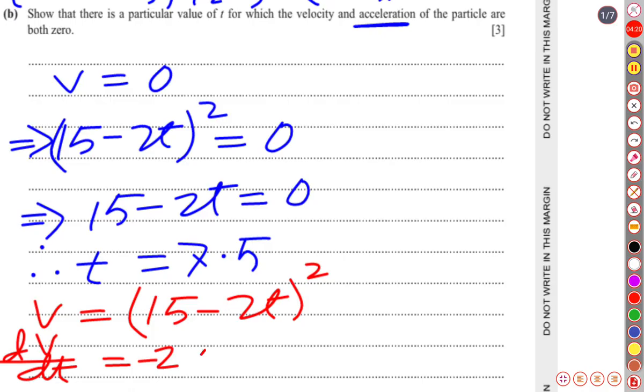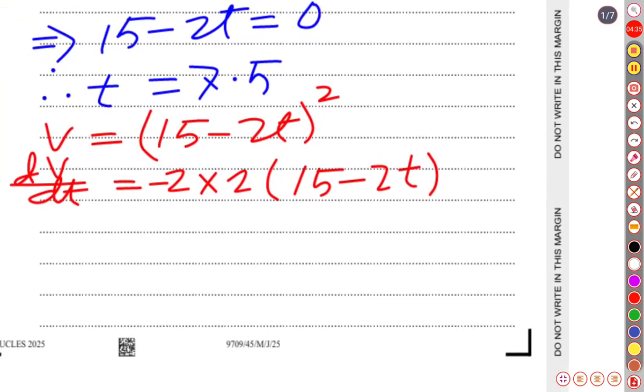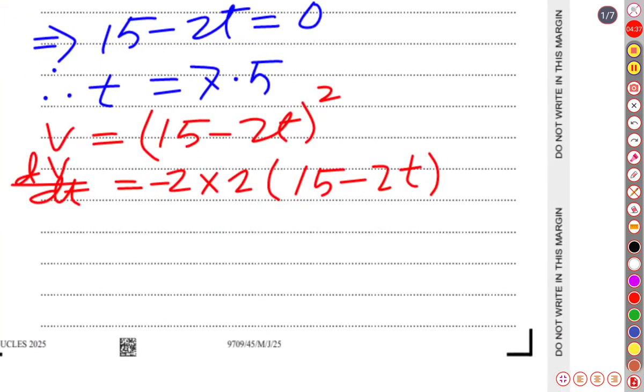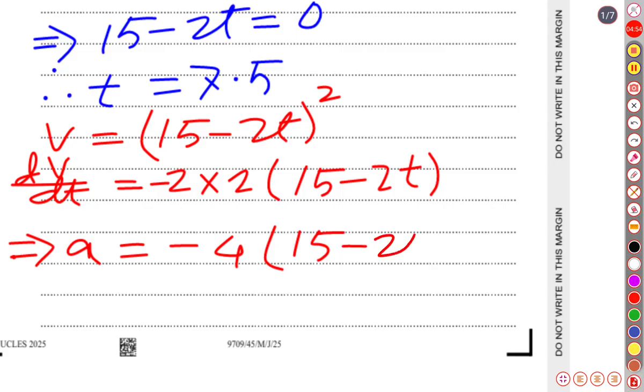So negative 2 into negative 2, then 15 minus 2t, inner function is going to be same, and exponent is going to be 1 instead of 2. After that, dv over dt, that means derivative of v in terms of t is acceleration. Hence acceleration is equal to negative 4 into 15 minus 2t.